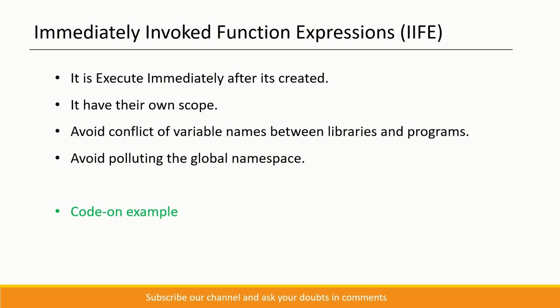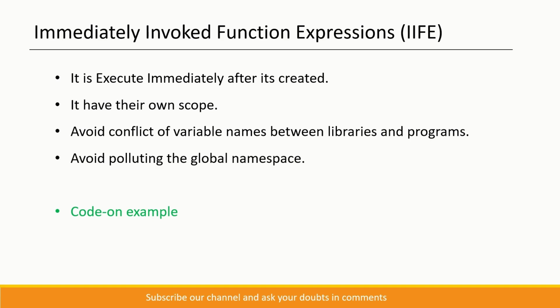It will execute immediately after it's created, and it has its own scope. It means all the variables we declare inside that function, we can't access outside of the function. So why are we using immediately invoked function expressions?